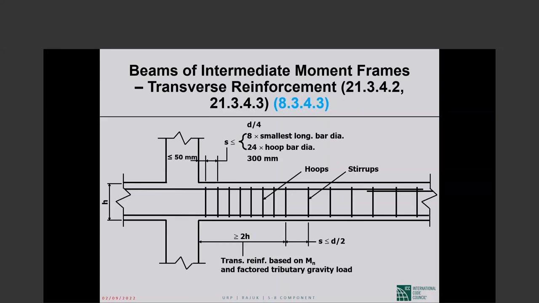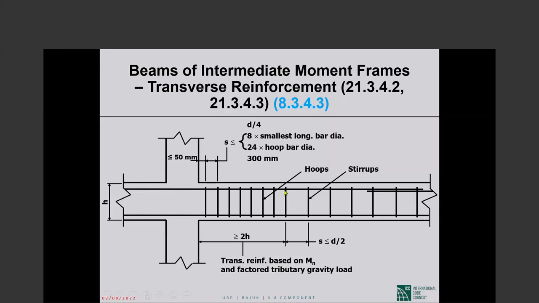Okay, the maximum spacing is what used to be the maximum spacing for special moment frame beams. Or if you are going by 318-08, this spacing limitation is the same as for special moment frame beams. No difference. 1/4 of the effective depth, 8 times the smallest bar diameter, 24 times hoop diameter, 12 inches. Okay.